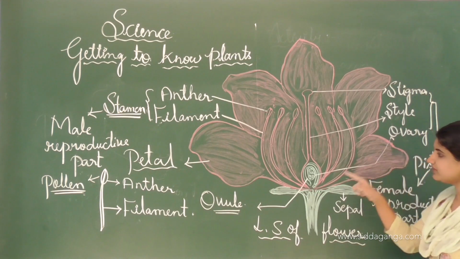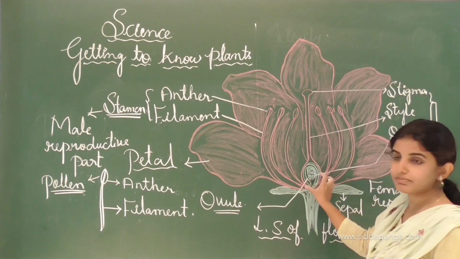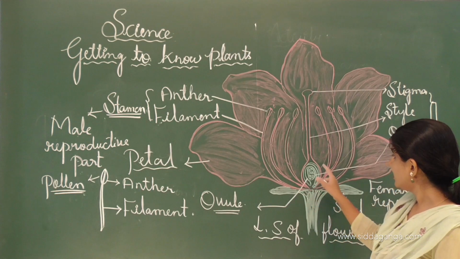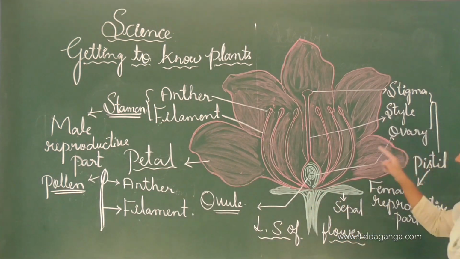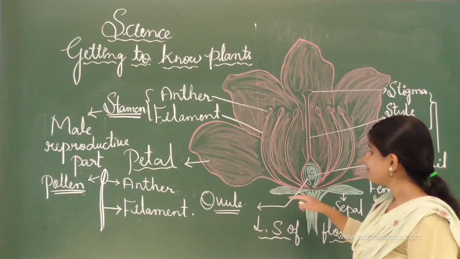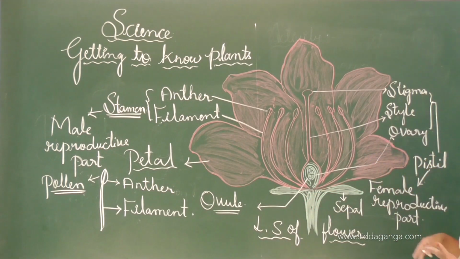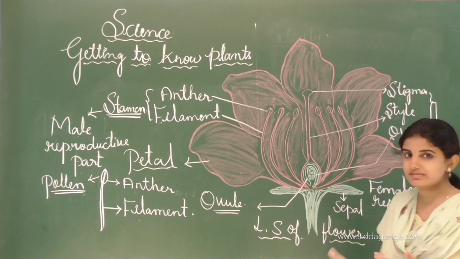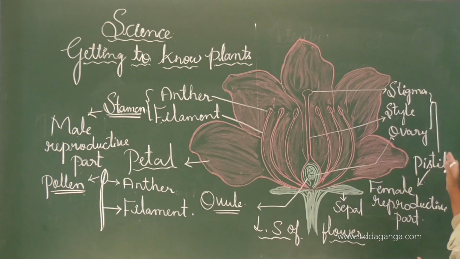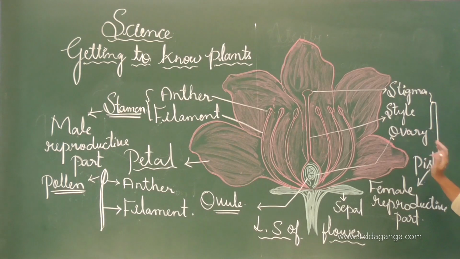And here the ovary is there. A dome shaped structure present in the flower is called the ovary, which bears ovules. The ovules will develop into the seed, and the ovary will develop into the fruit. And this is how pistil can be divided into three parts: stigma, style and the ovary.